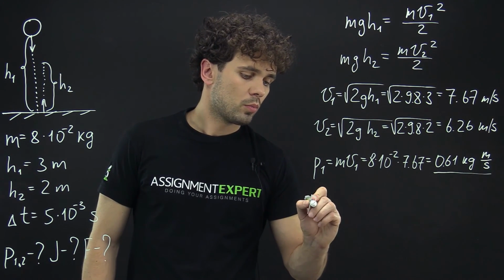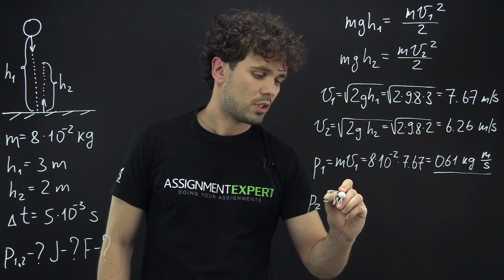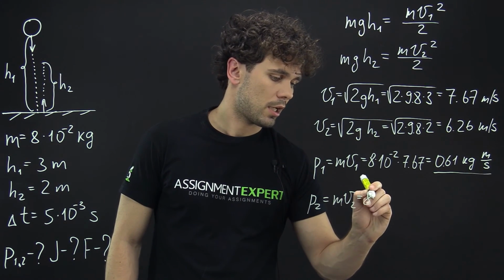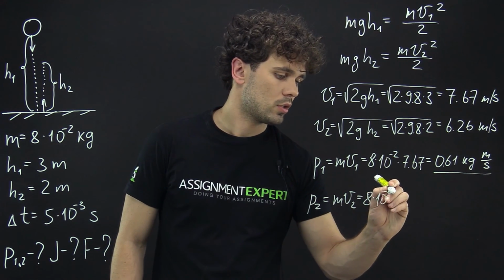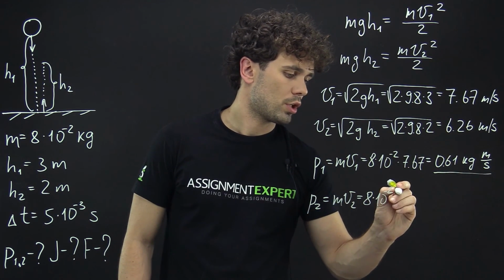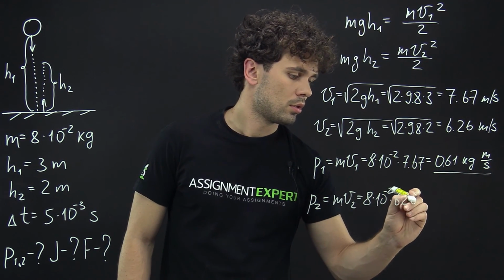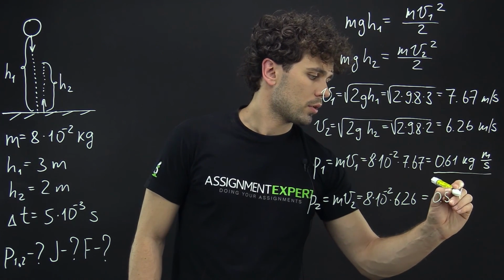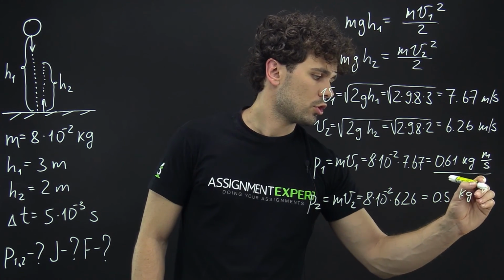And P2 equals m times v2 and equals 8 times 10 raised to the negative second times 6.26, and gives us 0.5 kilograms times meter per second.